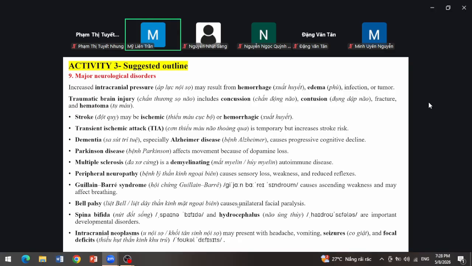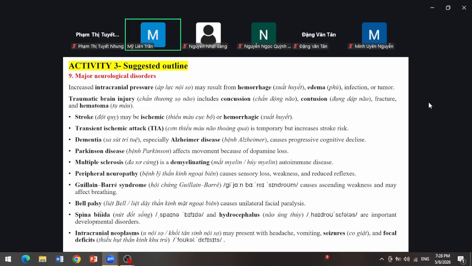Bell palsy causes unilateral facial paralysis. Liệt Bell, liệt dây thần kinh mặt ngoại biên. Liệt mặt ở một bên.